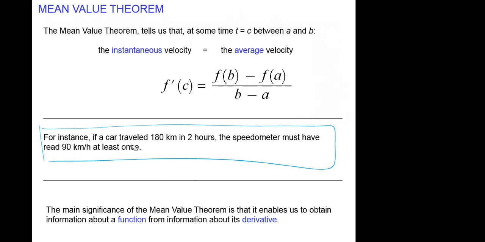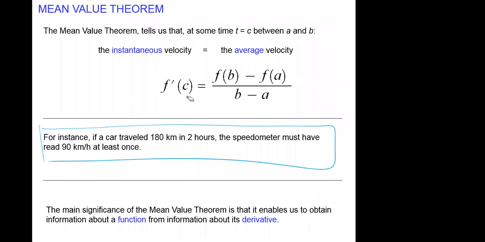For instance, if a car traveled 180 kilometers in 2 hours, it's easy to compute the average speed, average velocity: just 180 over 2, 90 kilometers per hour. But this also means that the speedometer must have read 90 kilometers per hour at least once.